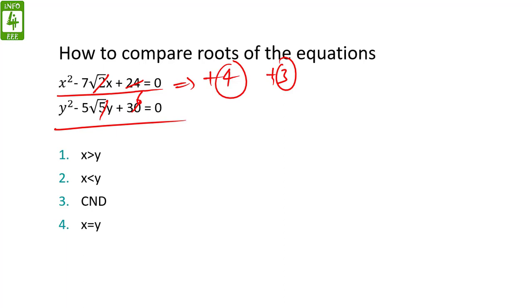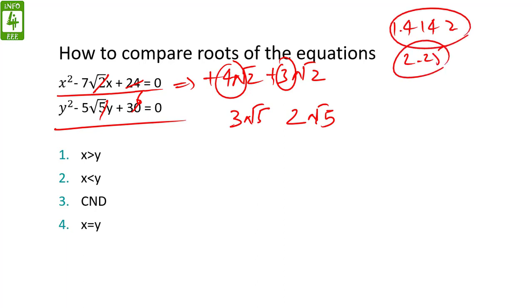So what you will get is 3 and 2. You need to again multiply with root 2, and here root 5 and root 5. Roughly the value of root 2 is 1.4142 and root 5 is 2.25, right? So 4 into 1.4 will give you approximately 5.6.